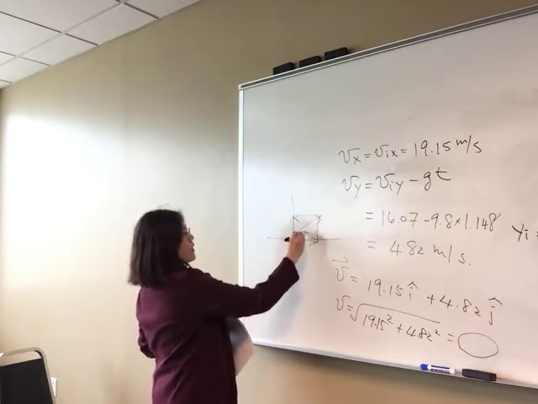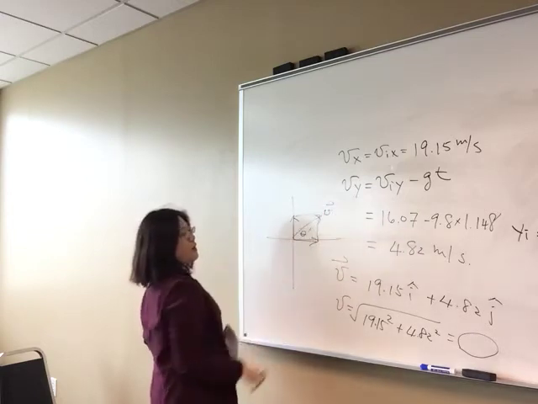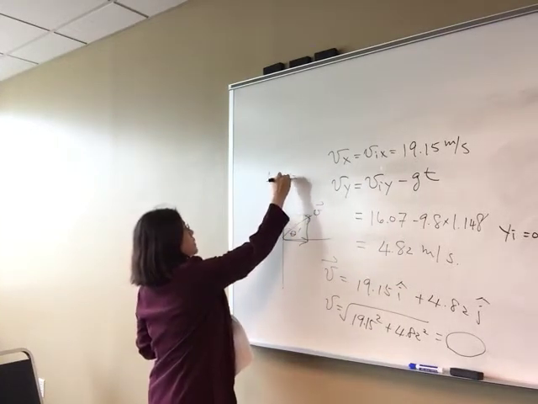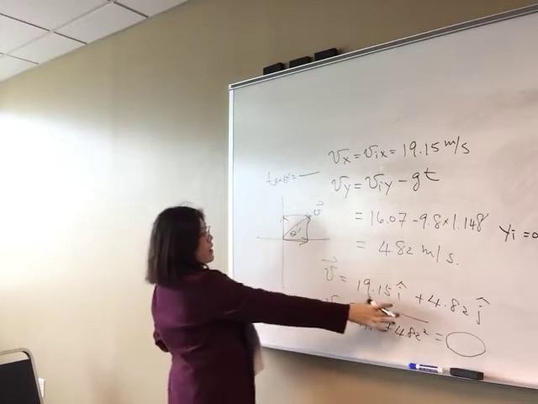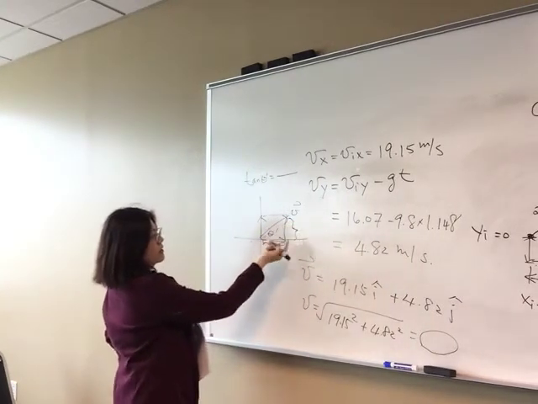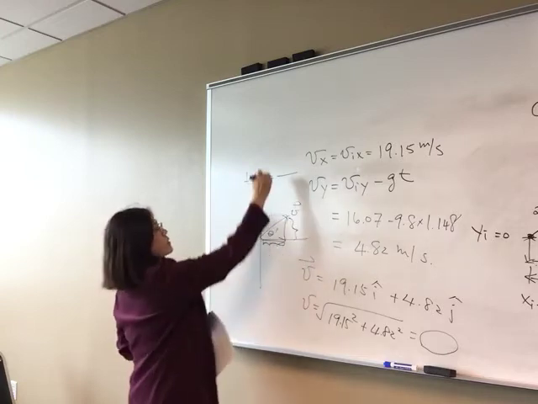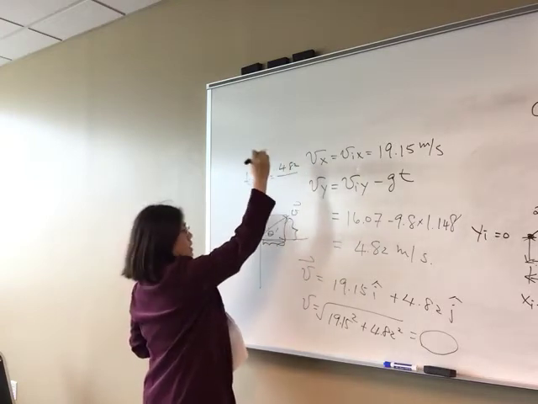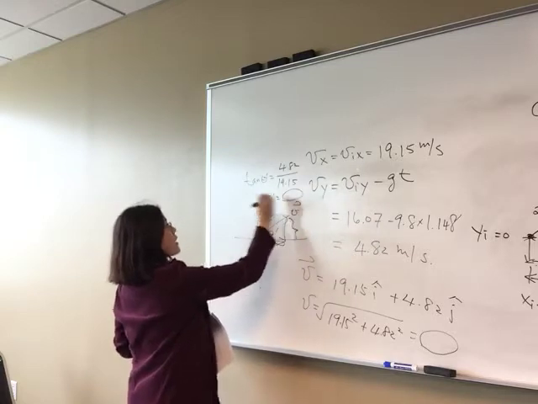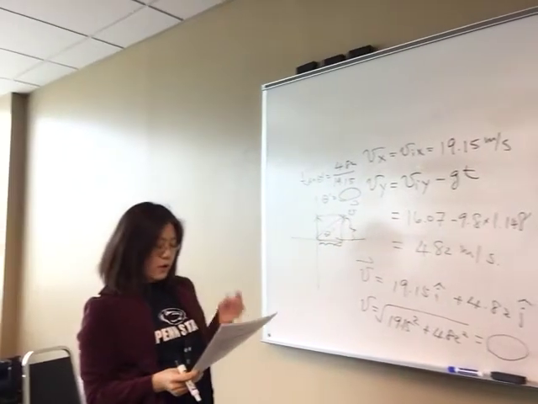Let's say this is your theta prime. Theta prime would just be the y component over the x component, opposite over adjacent. So you have 4.82 over 19.15. Again, I did not calculate that numerical value, but you can easily calculate that on your own.